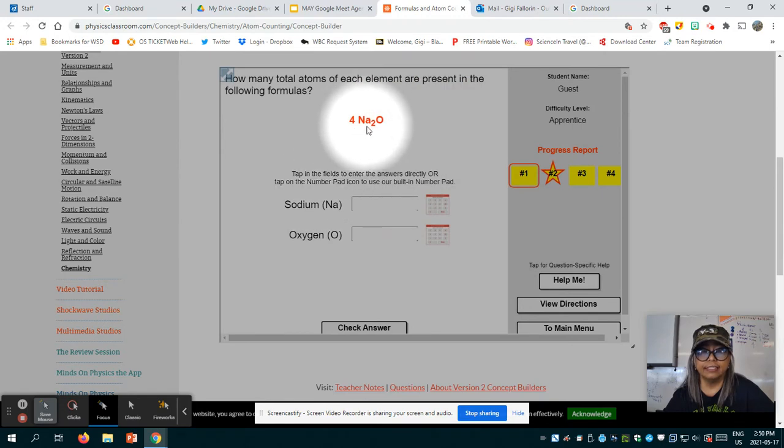So here, for instance, you have a sodium oxide, or as I told you, you don't have to concern yourself with the name of the compound. Just enough for you to know, oh, this is the molecular formula, right, for this substance. 4 molecules of this. So again, what are the elements? That would be sodium, or Na.